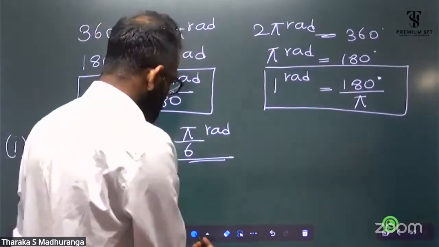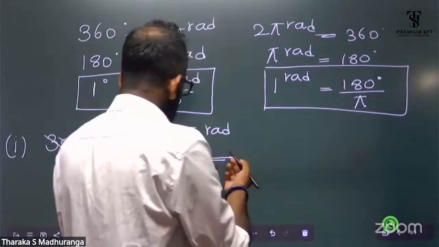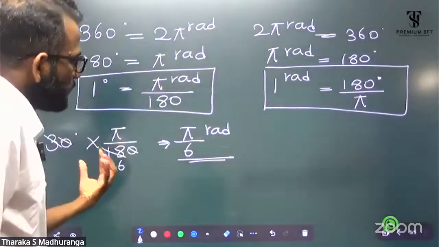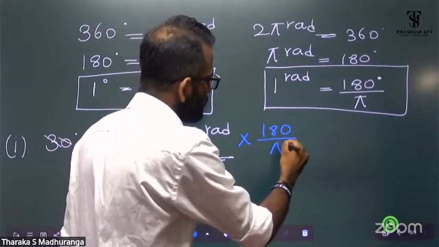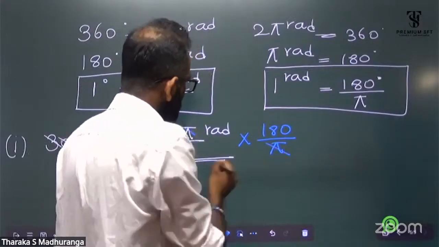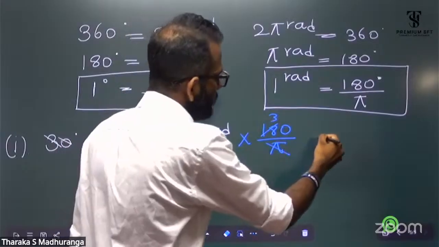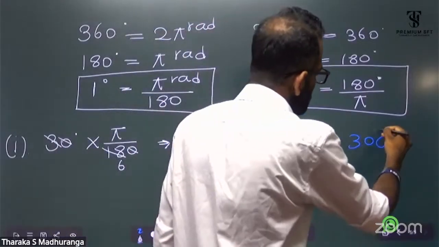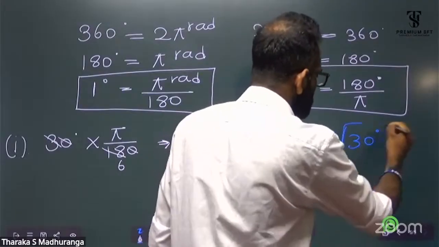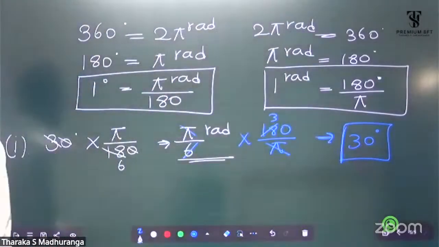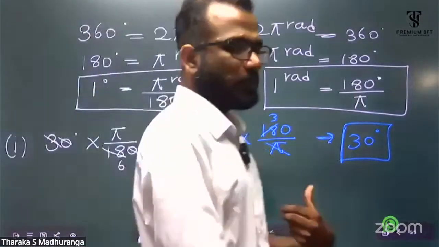See now, π over 6 equals 30 degrees. If you multiply with 180 over π, the π cancels out, 18 over 6 is 3, it is again 30 degrees. That's the basic mathematics part I explained.